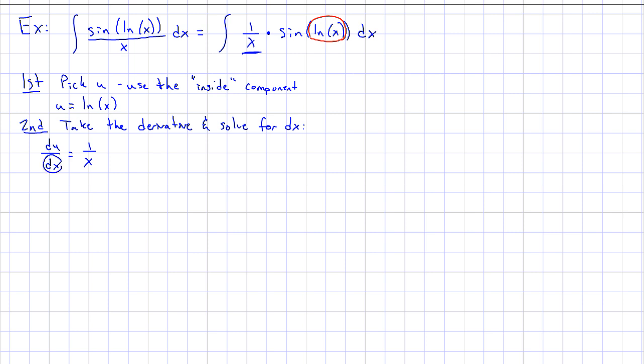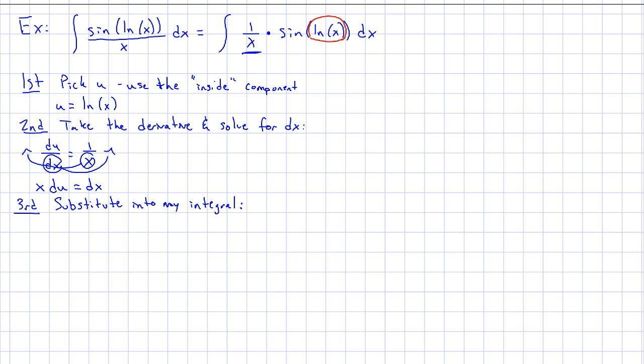I'll multiply my dx over to the right-hand side and then multiply my x over to the left-hand side, and end up with x du equals dx. The third thing I will do is substitute into my original integral.